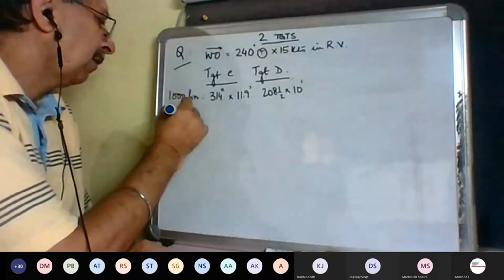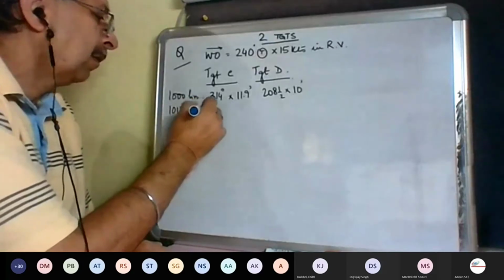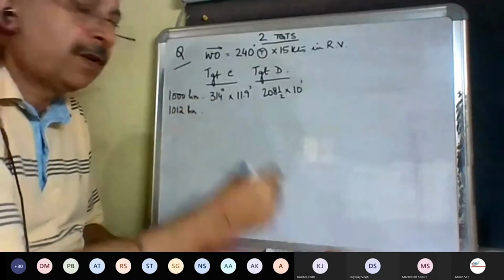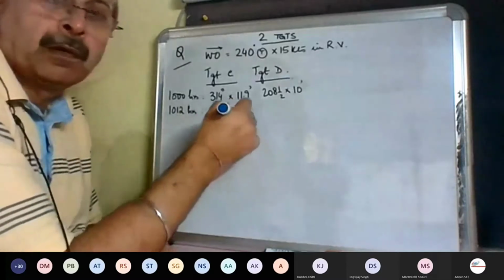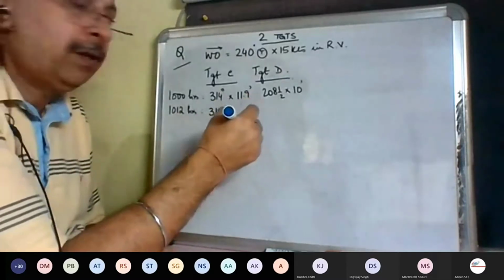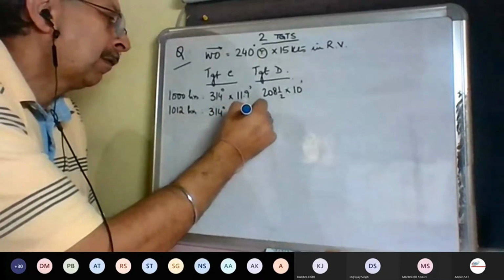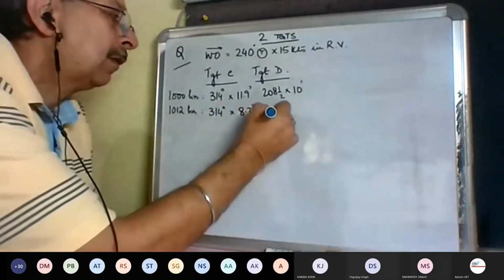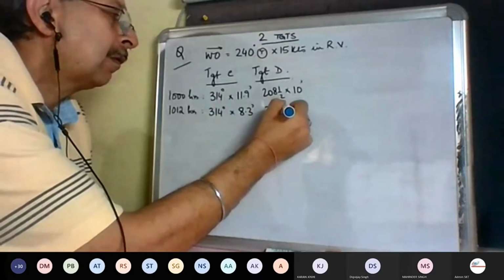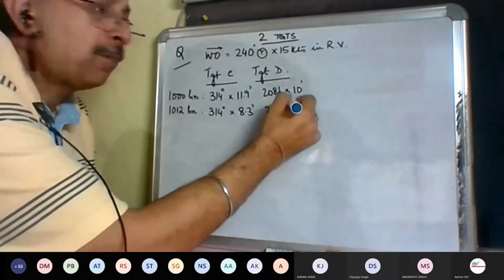Then at 1012, Charlie is 314, 8.3, and Delta is 211, 5.1.